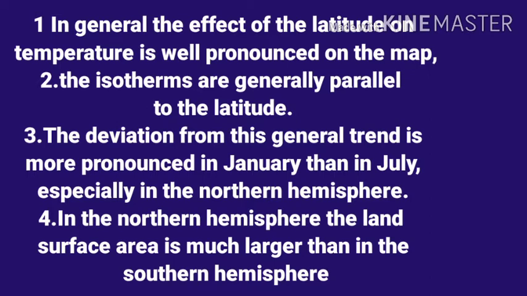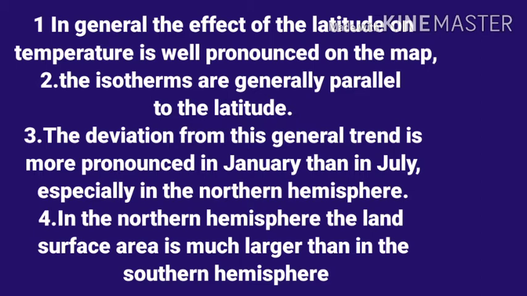If we talk about the temperature, more than 30 degrees centigrade isotherms pass through northwest Argentina and central Australia in the southern hemisphere. If we talk about the July isotherm, more than 30 degree temperature occurs in the belts between 10 degree and 40 degree latitude.